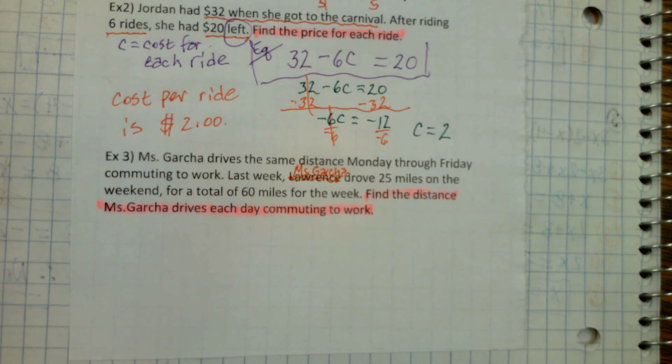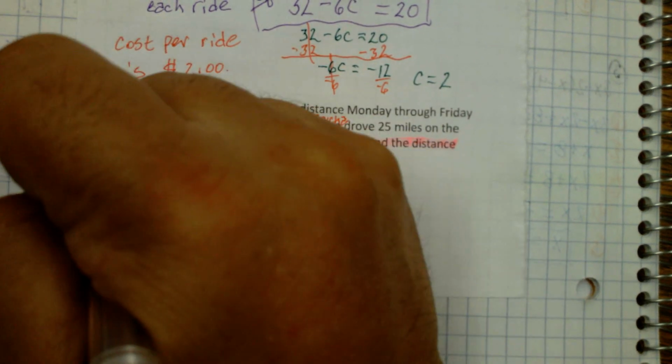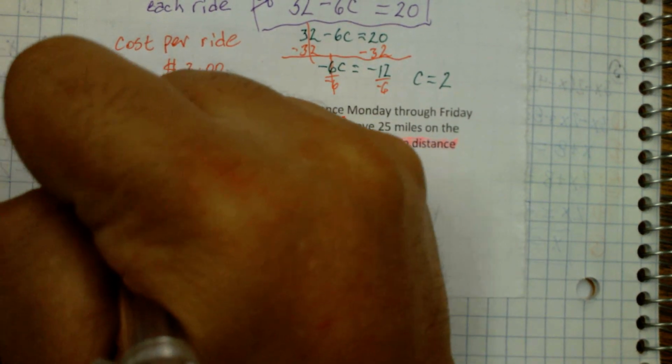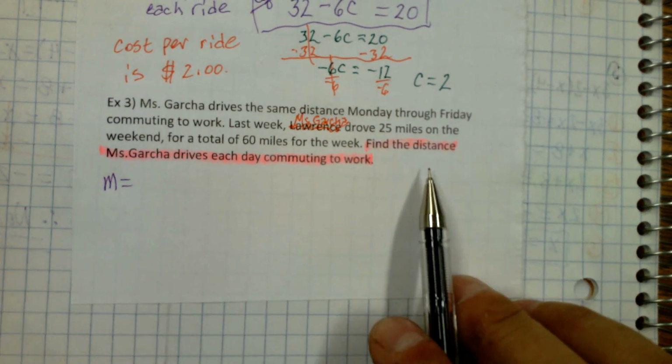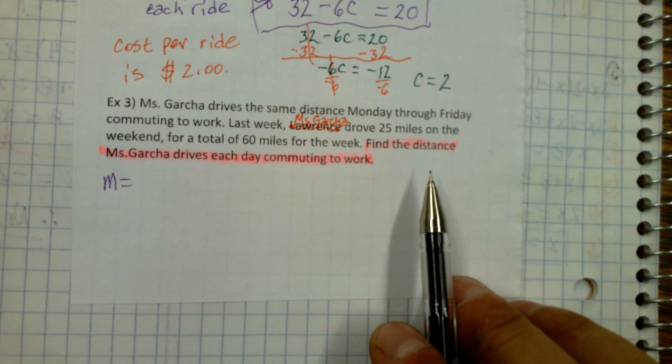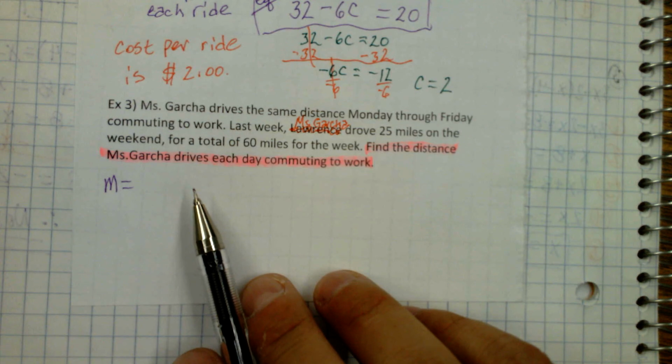So what kind of variable do you think we should make? M? That works for me. Like I said, some people just pick X for everything. You don't have to think about it. But this part has to be the same. Because of the question, we're going to say M represents the miles Miss Garcha drives commuting to work.